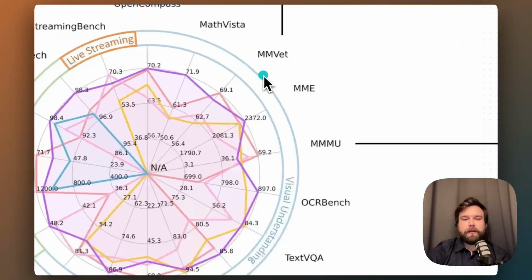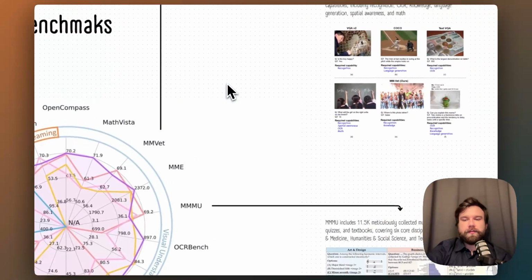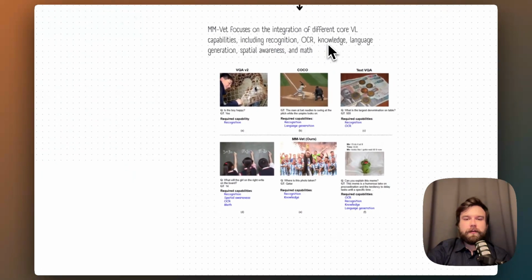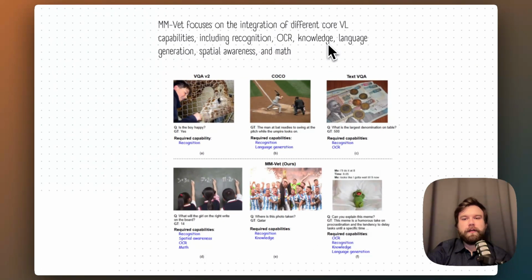For example, here at MMVet, the model is worse, right, than GPT-4o. So if we take a closer look at this benchmark, we might speculate why that is. This is a specific benchmark that focuses on visual language model capabilities, but it is sort of a harder benchmark than the standard VLLM benchmarks.